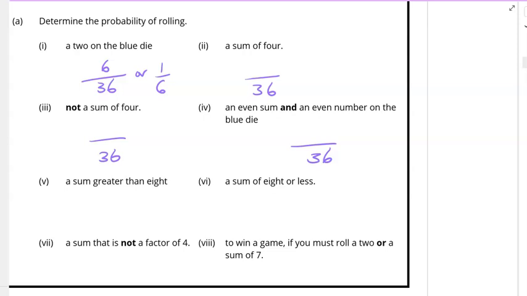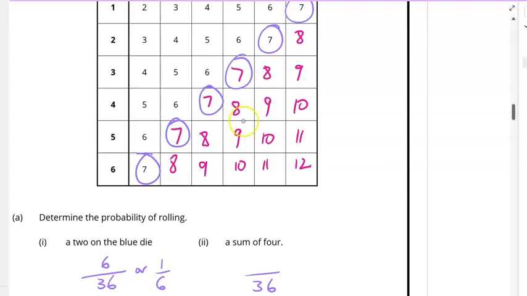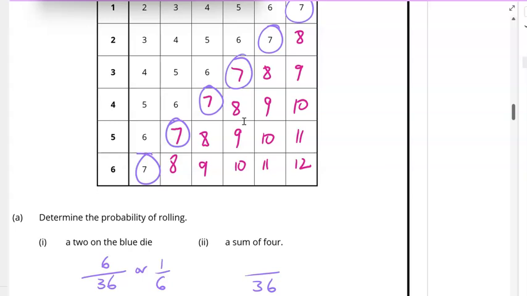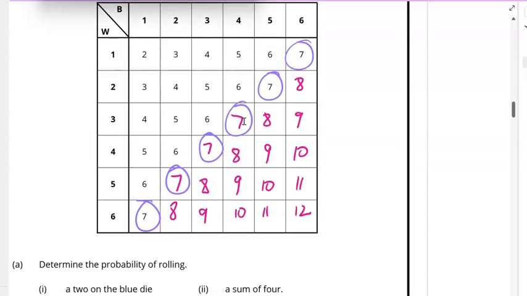There's 6 outcomes in which the 2 on the blue die occurs. You've got your sum of 3, sum of 4, 5, 6, 7, 8. So there's 6 outcomes there.